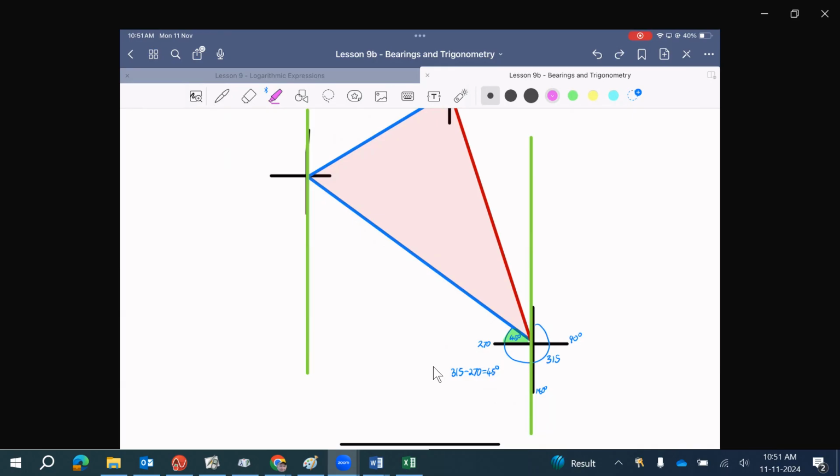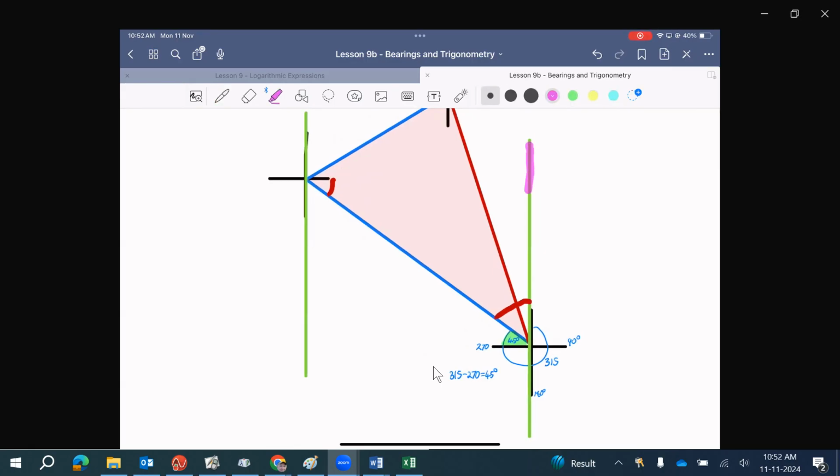If this one is 45 degrees, then this one is also 45 degrees, which means that this one here is also 45 degrees. We can see this as alternate angles.